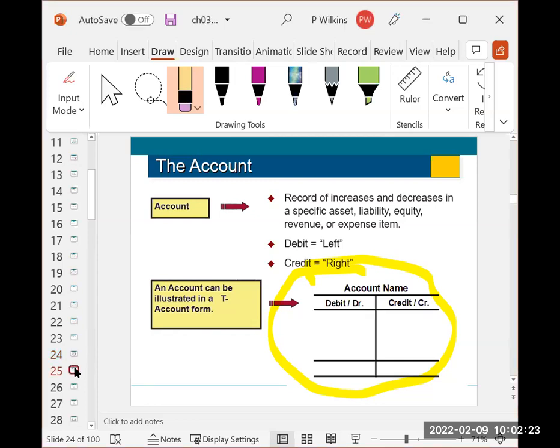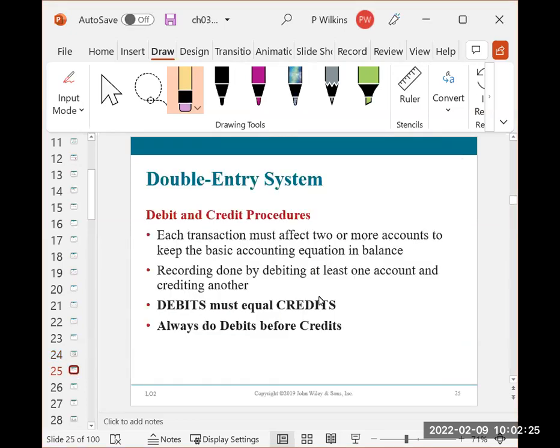Let's see. So when we look at the accounts, one thing to remember is that when we're doing accounting, we do what's called a double entry system. So that means that we are going to debit at least one account and we're going to credit at least one account. Now, you could debit more than one account and you could credit more than one account, but your debits and your credits have to equal.